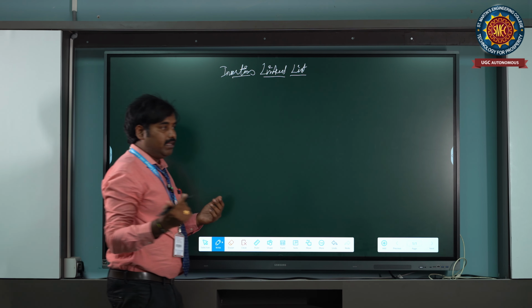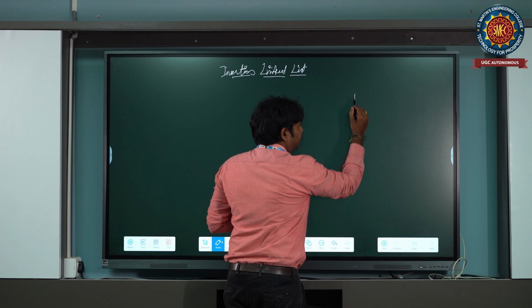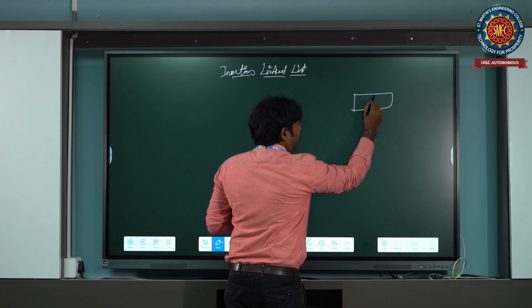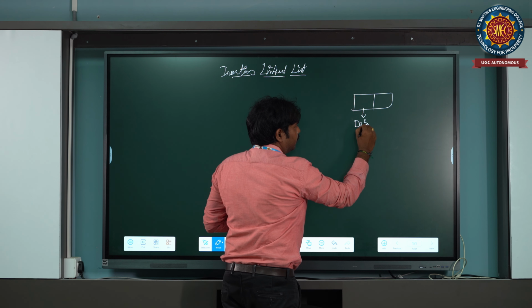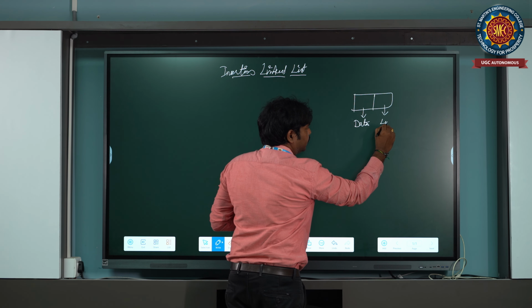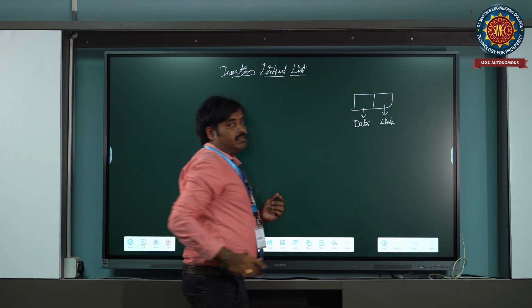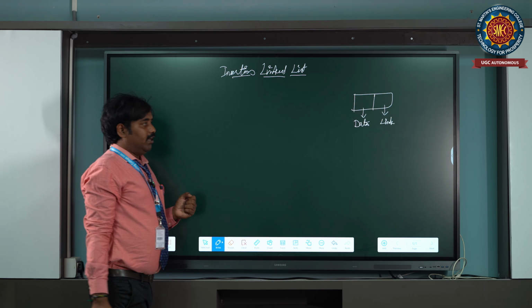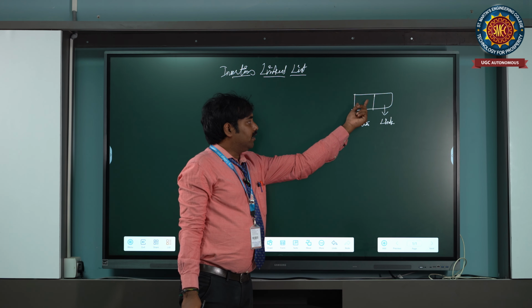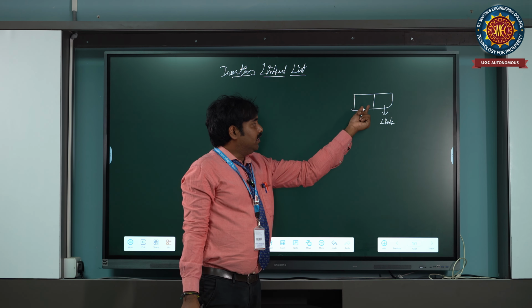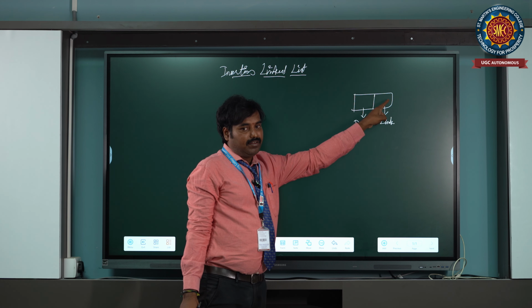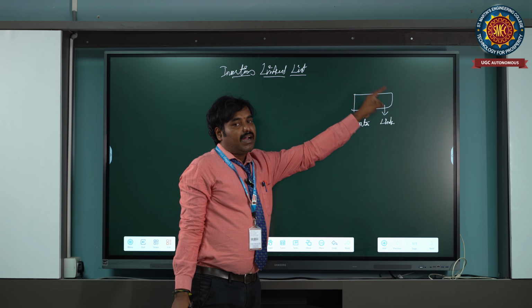First of all, you have to know that in a linked list there is the node. A node has data here and a link here. In C, this is the struct node, which we call nodes. In these nodes there will be data, and here will be the link. The link is nothing but the address of another node.